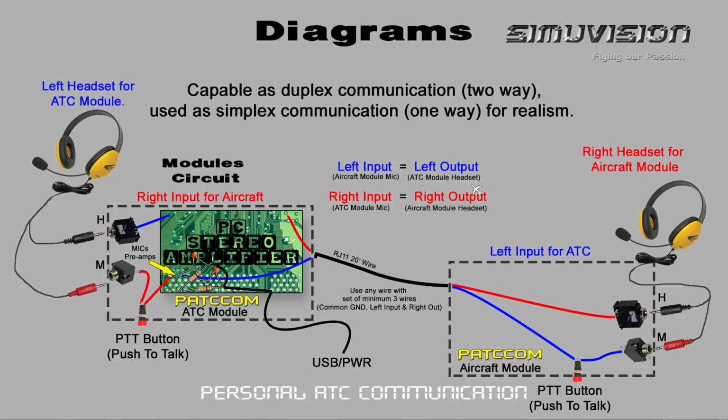And the other way around, the ATC module, when he pushes the push to talk button, will use his microphone, and that output is given all the way through to the aircraft module for the headset. This is how both of them will be communicating.